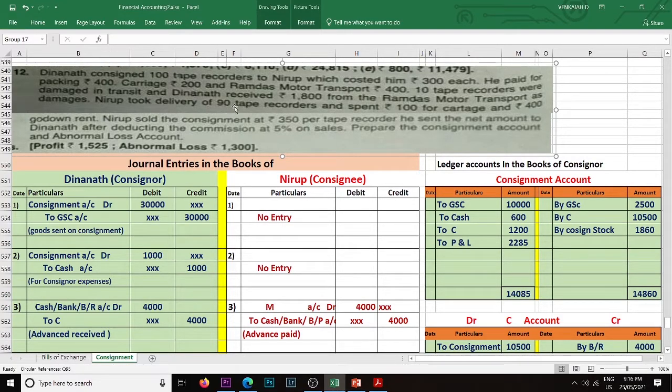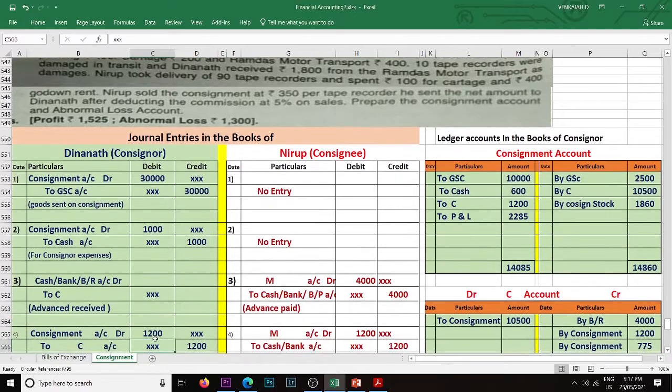Nirup took delivery of 90 tape recorders. Tape recorders sent to consignee Nirup is 100. Damaged in transit is 10. So 90 were received by the consignee, and he spent 100 for cartage and 400 as godown rent. Consignee expenses is 500. 100 for cartage, 400 for godown rent.